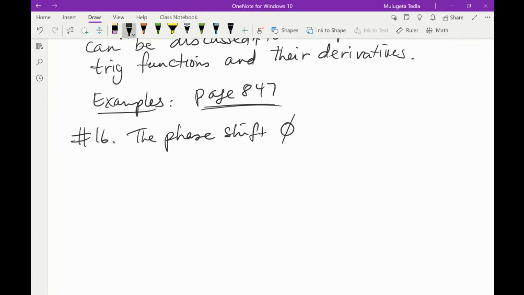phi in a certain electric circuit. The phase shift is for everyone, not electric only.